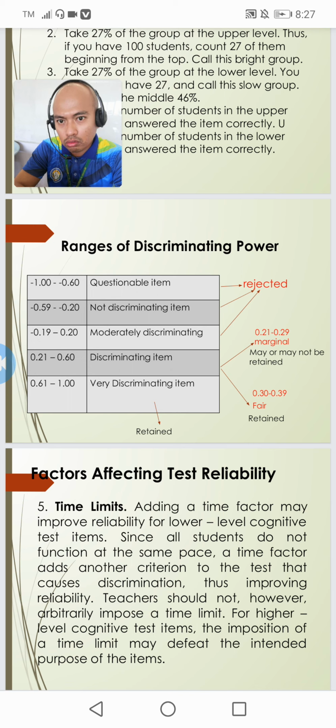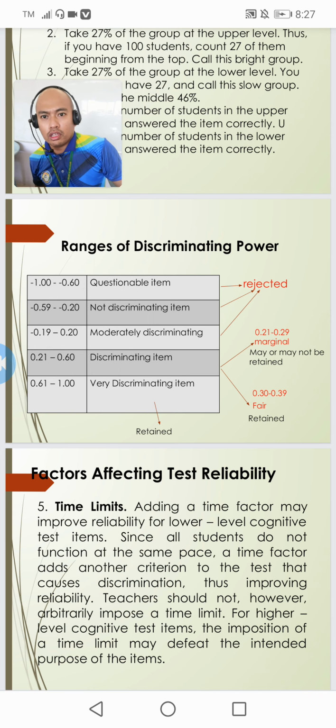Itong -1, all right, from -1 up to -0.60, that will be considered as a questionable item. I repeat, the index ranging from -1 to -0.60, that will be considered as a questionable item. So that will be the interpretation of the index, okay, ranging from -1 to negative 0.60.